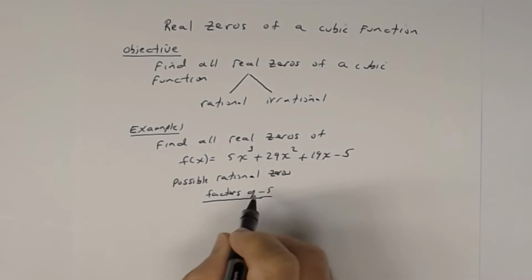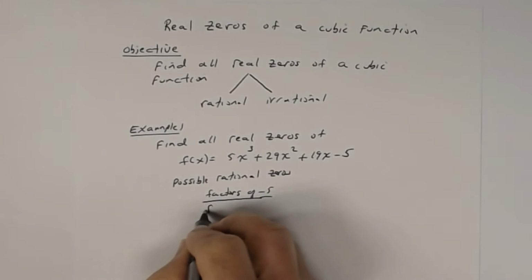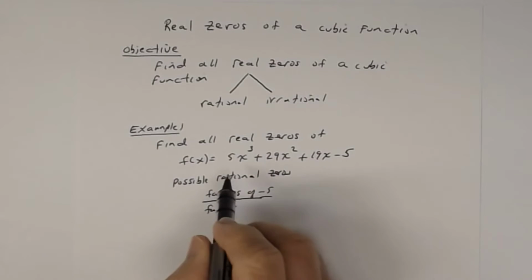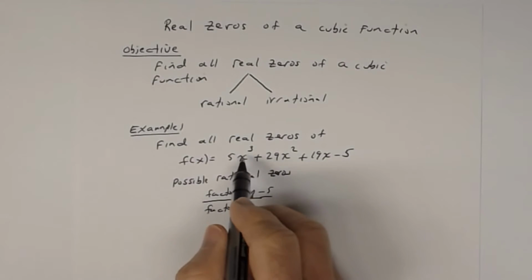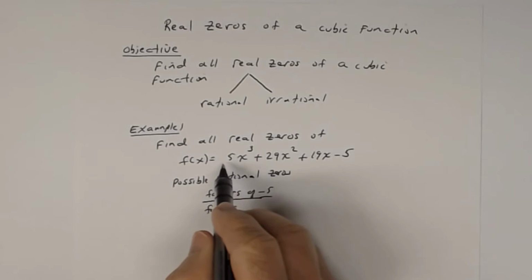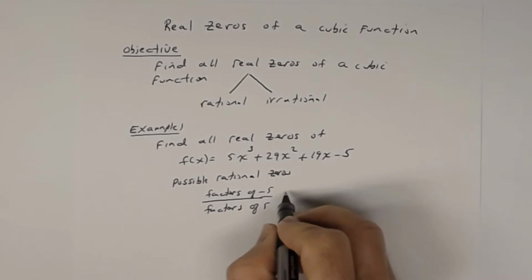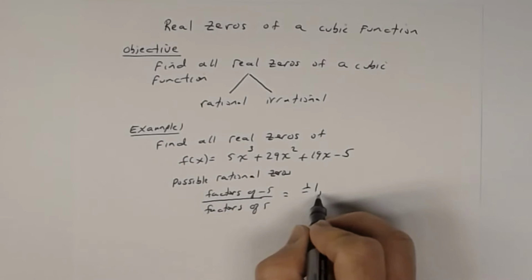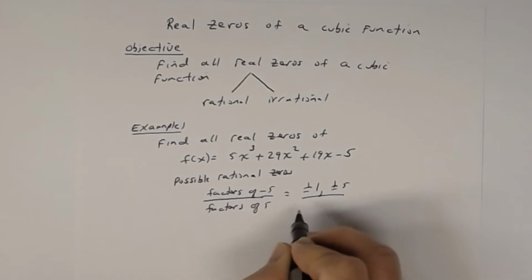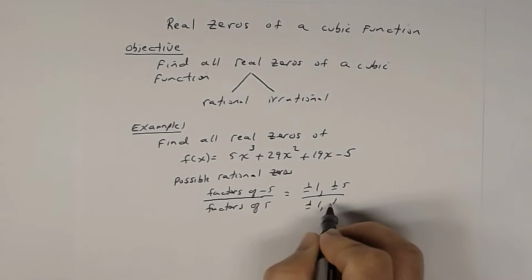And the denominator would be the factors of the leading coefficient. My largest degree term is x cubed, so the coefficient is 5, and we need the factors of 5. So in the numerator I get plus or minus 1, plus or minus 5, and in the denominator I have plus or minus 1, plus or minus 5.